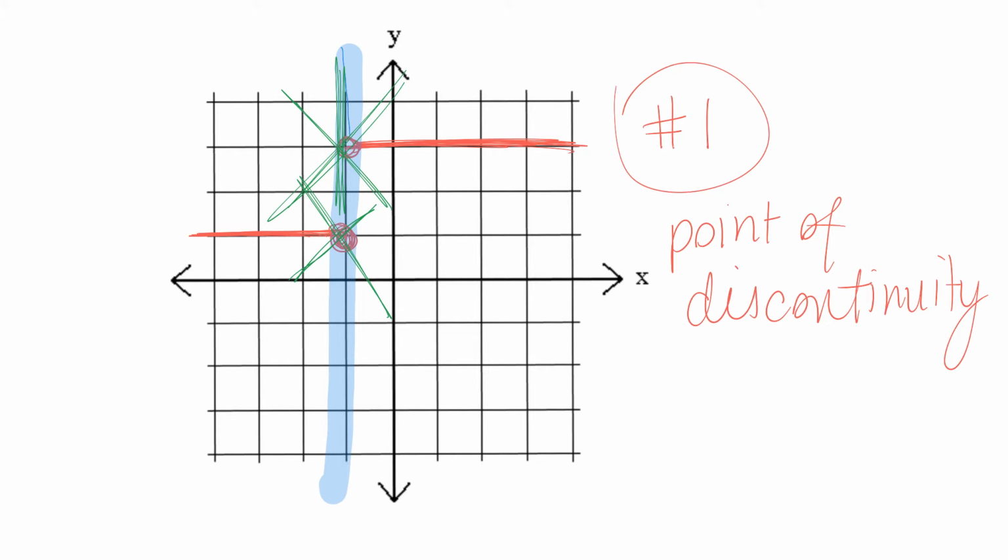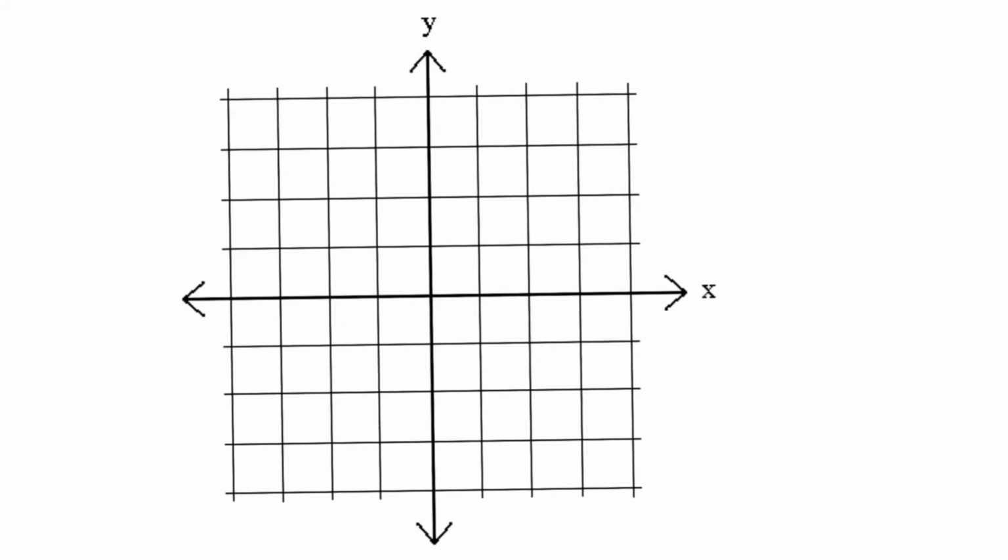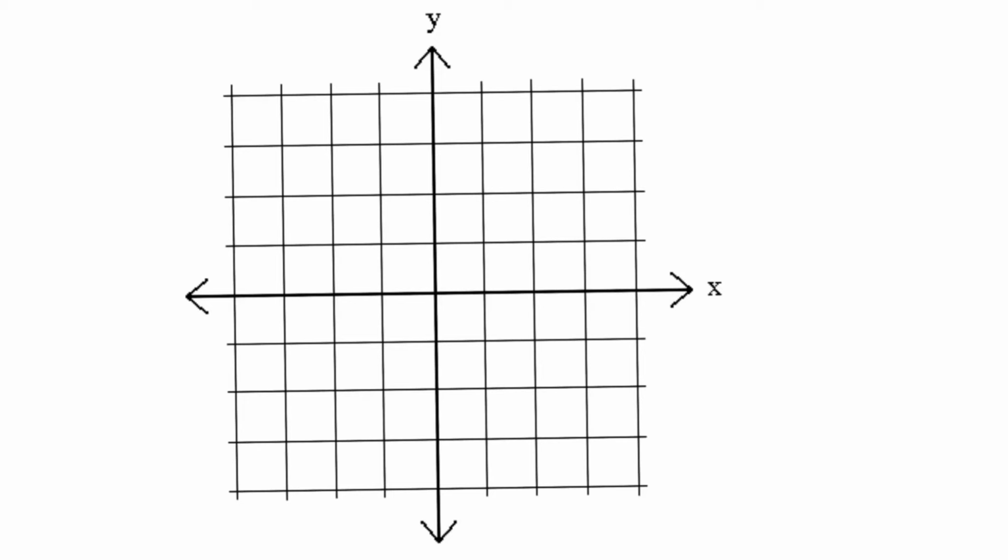So if we can't draw a tangent line, then we can't have a slope. So therefore we can't have a formula, so there can't be a derivative. So you can take the derivative anywhere in this function except right here at x equals -1. It is not differentiable at that point because there's a point of discontinuity. Make sense?